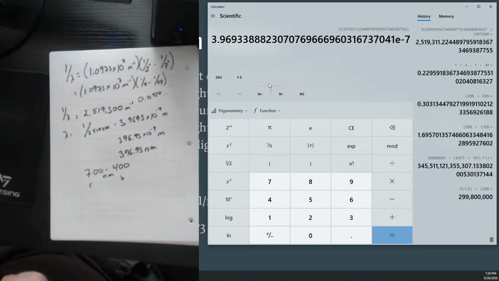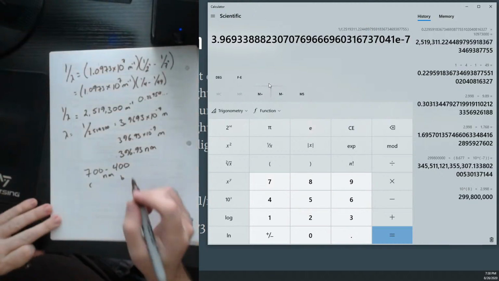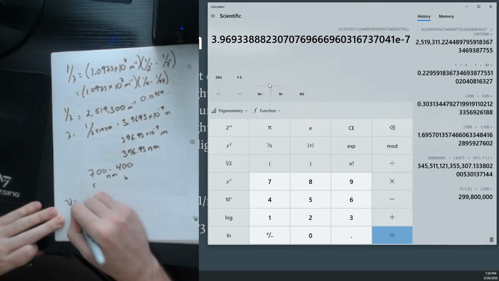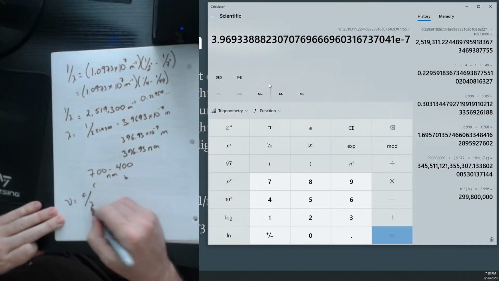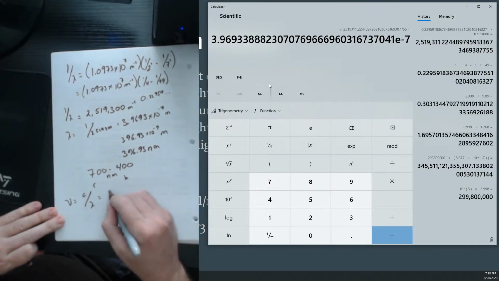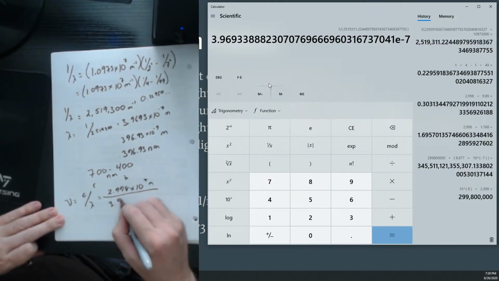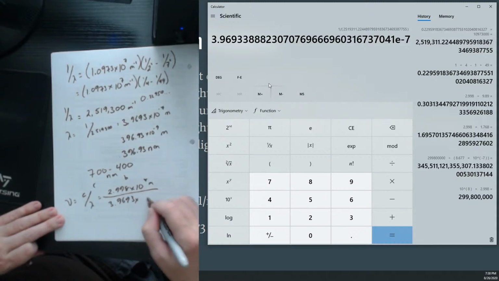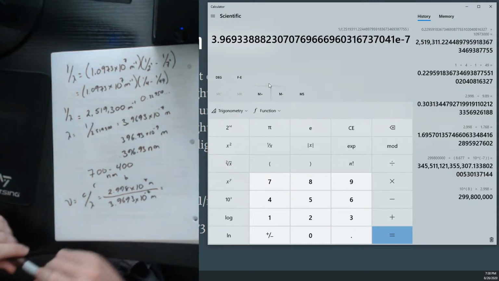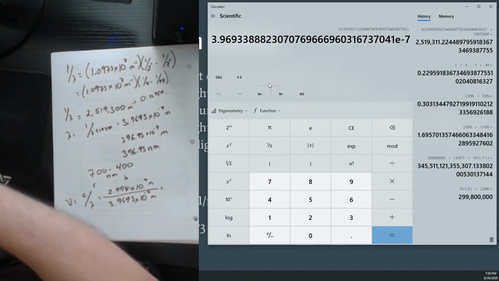Okay. Oh wait, I forgot the frequency. So the frequency, nu, is equal to c over lambda. So that's going to be 2.998 times 10 to the 8th meters per second divided by 3.9693 times 10 to the negative 7th meters. Going to be something times 10 to the 14th.